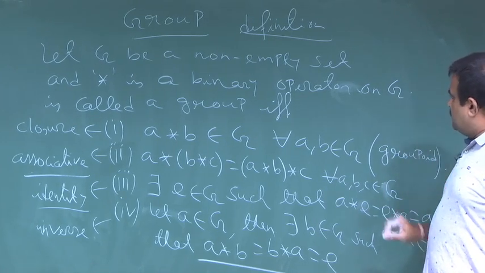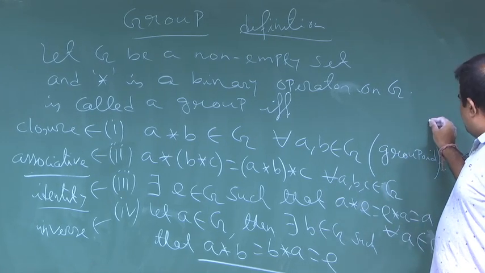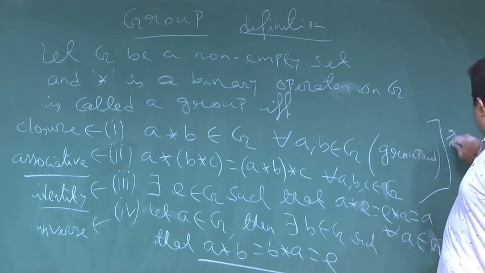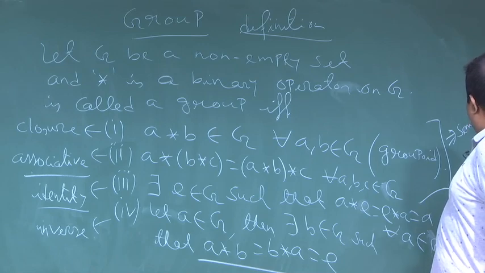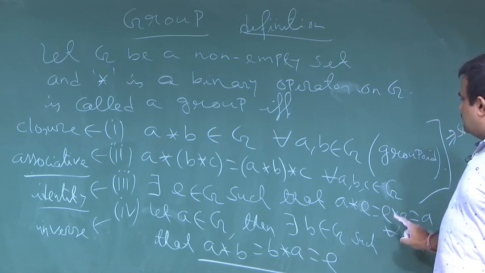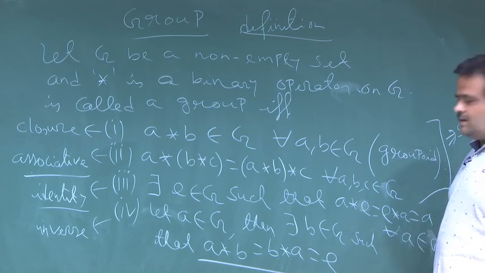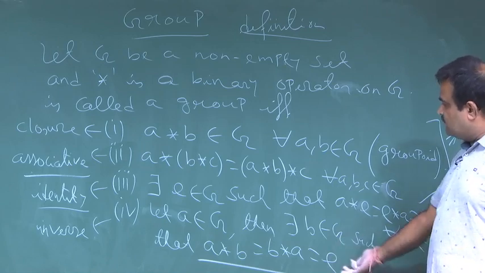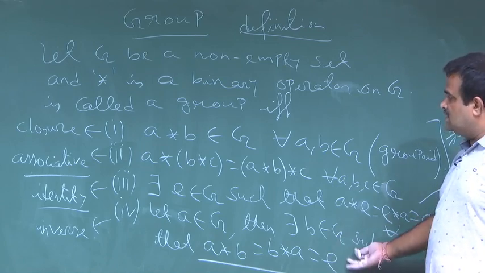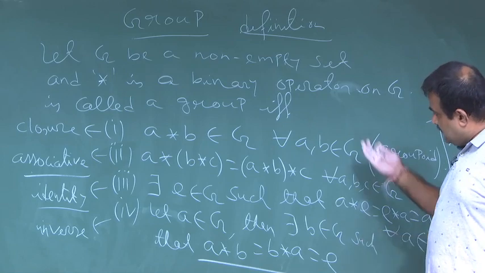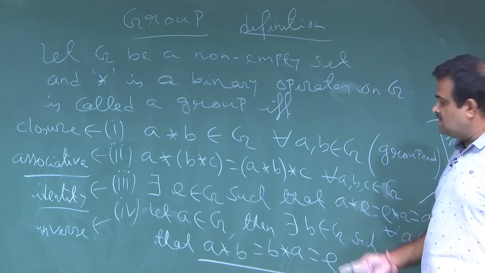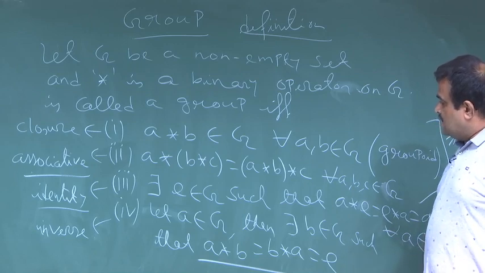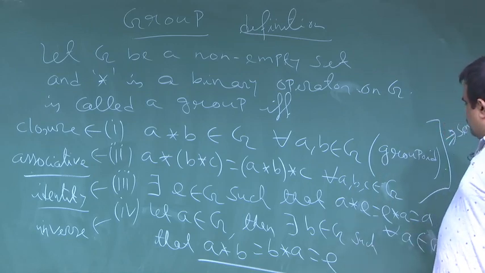So, up to this it is a semigroup. Semigroup means closure and associativity. Now, if we have existence of identity, then it is called a monoid, and if along with that we also have existence of inverse, for every element we have an inverse, then it is called a group.